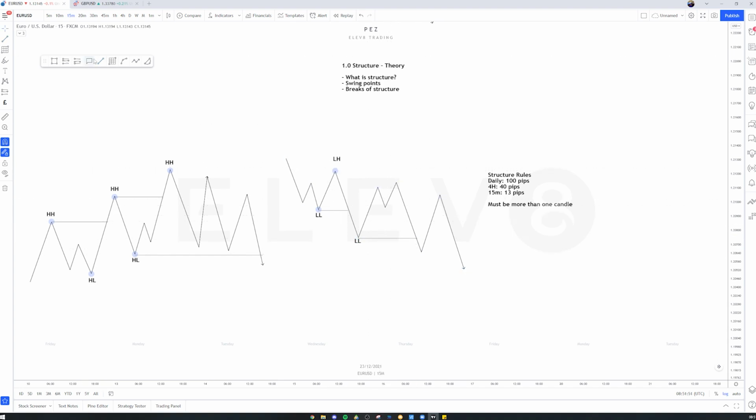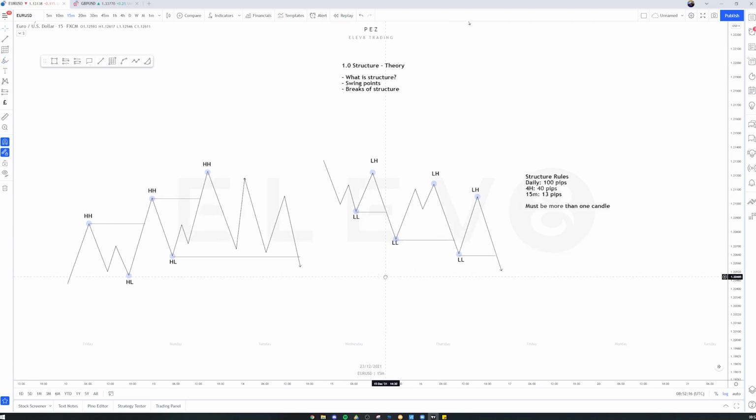We mark on our swing point again, which is the highest point before the break. We then have a lower high confirmed, and finally another break of structure, which creates a lower low. I'll keep doing that, and then we confirm this once this breaks with a lower high, which we can mark our swing points on.